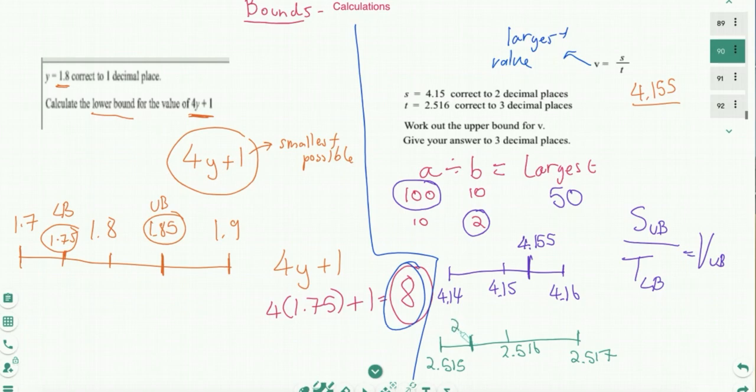So that's going to be 2.5155. So T will be 2.5155. And that should give us the largest possible value for V. 4.155 divided by 2.5155. And that's our answer, 6.652.